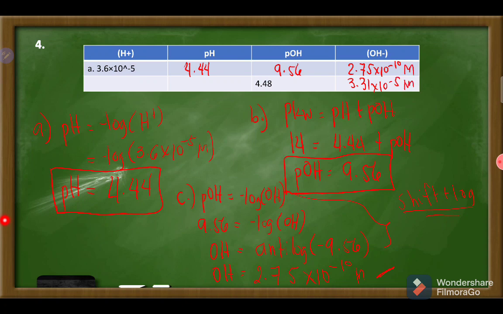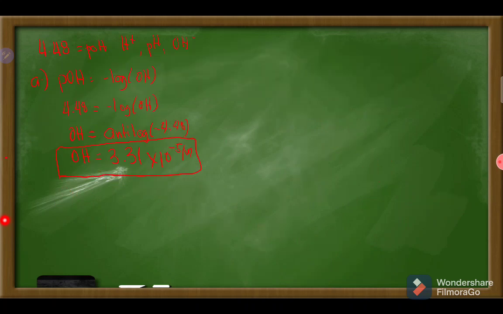Next, we're going to look for the pH. So for the pH, we have letter B. pKw is equal to pH plus pOH. So we have 14 is equal to pH plus 4.48.